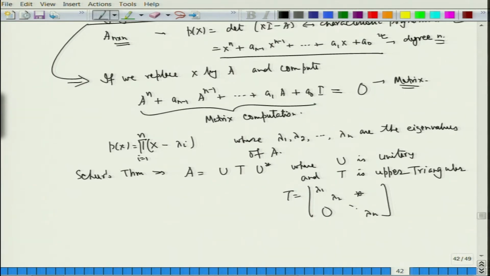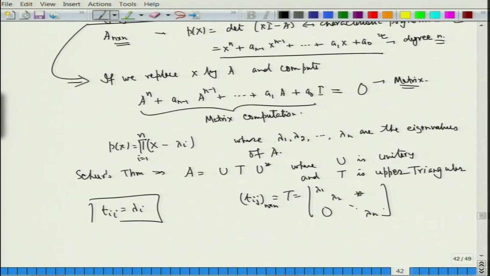So this is important: if I write T as T_ij, n cross n, then T_ii is equal to lambda_i. I can rearrange my eigenvectors, or rearrange the columns of U, in such a way that I get lambda 1 as the first entry, lambda 2 as the second entry, and lambda n as the last entry.